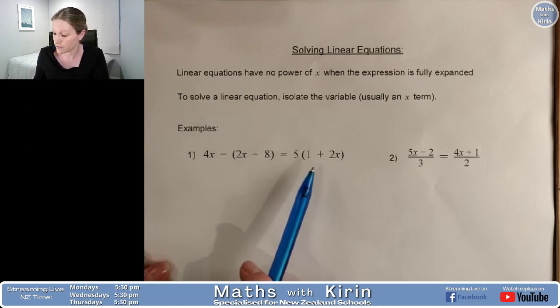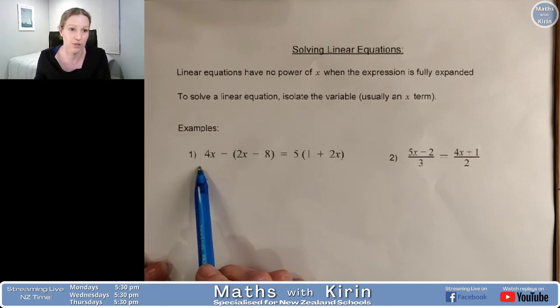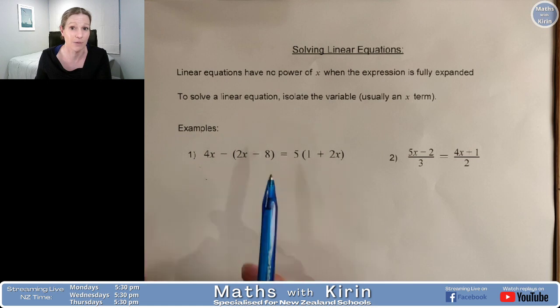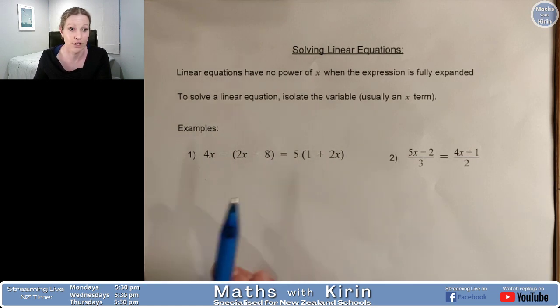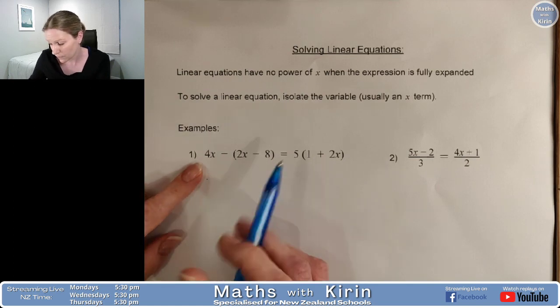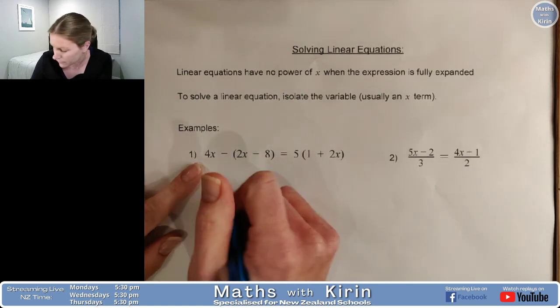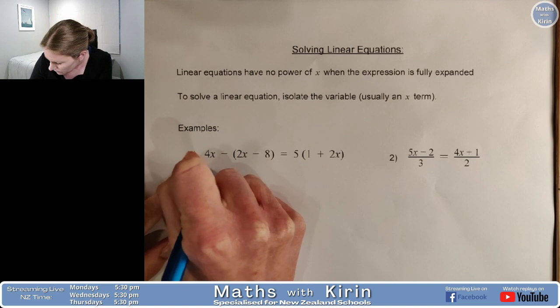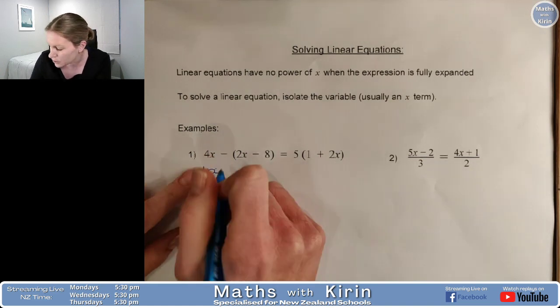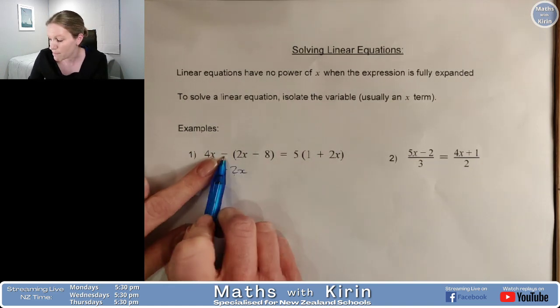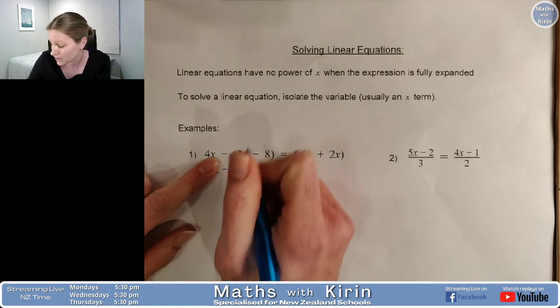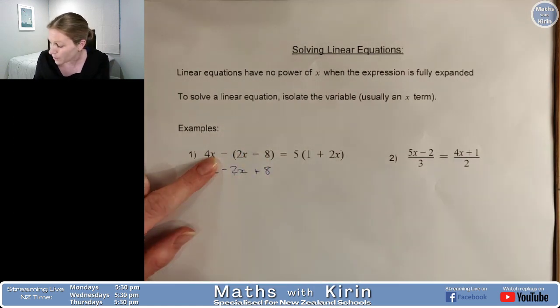For this first example, the first thing we'll need to do is expand everything out so that we've got all of our terms, and then we can start rejigging things so that we've got variables on one side and numbers on the other. So our 4x will stay out in front, and then we are minusing 2x, and we are minusing negative 8. Just be careful with that one.